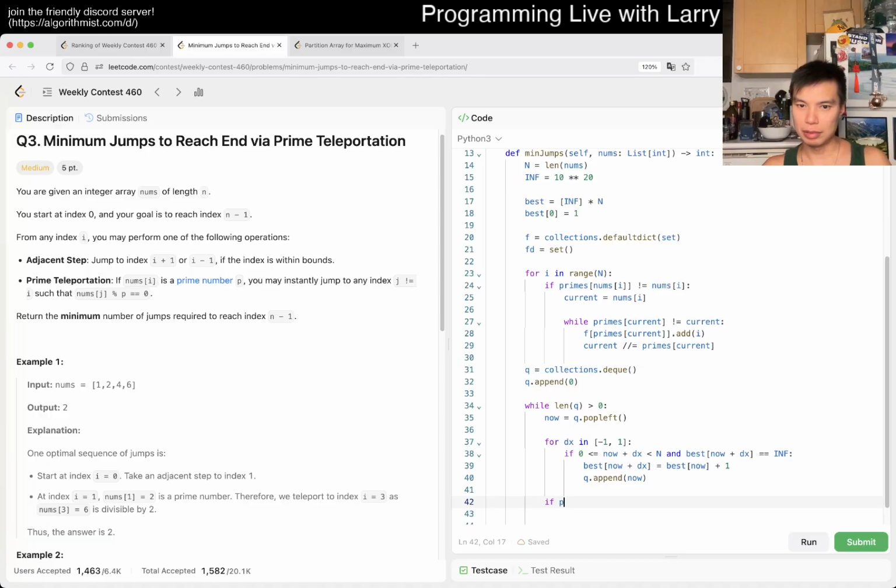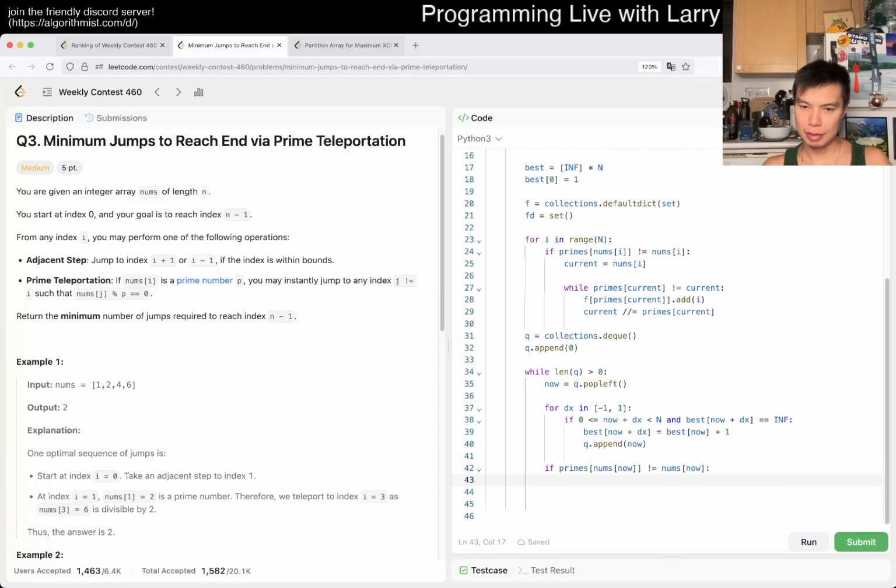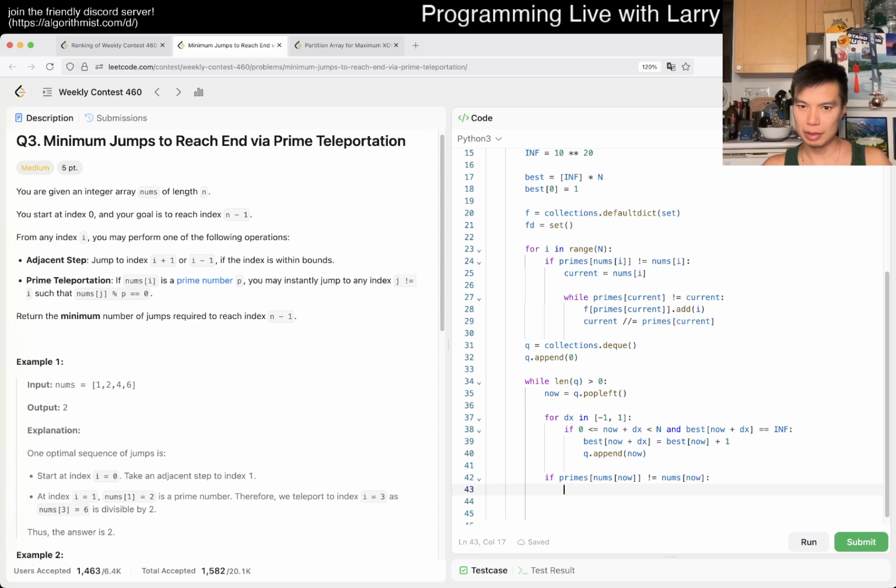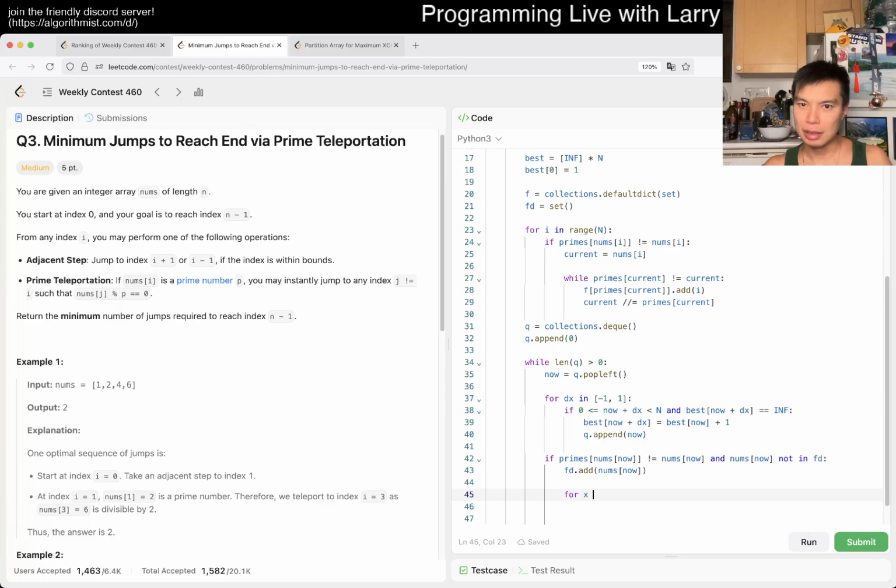So then if prime sub now is the index of num sub now, if prime sub num sub now is not num sub now, then yeah, we go on the train, and num sub now not in fd, and fd.add num sub now. The reason we do it this way is so that you don't check every time for all the loops. Then for x in f sub prime sub num sub now, this is a prime, right?